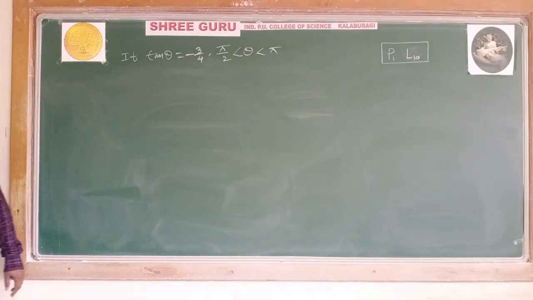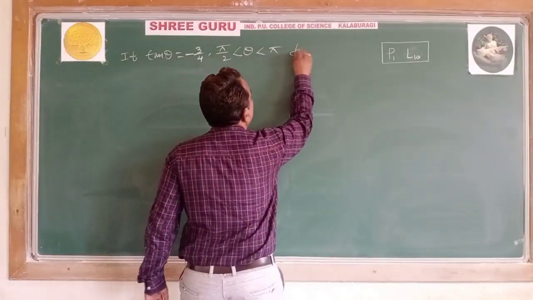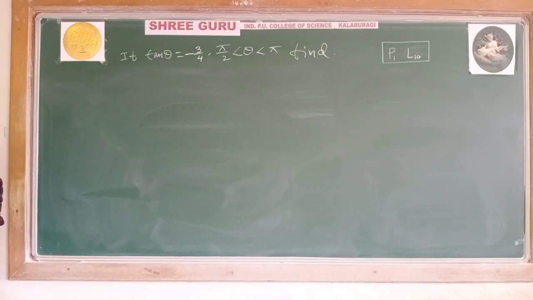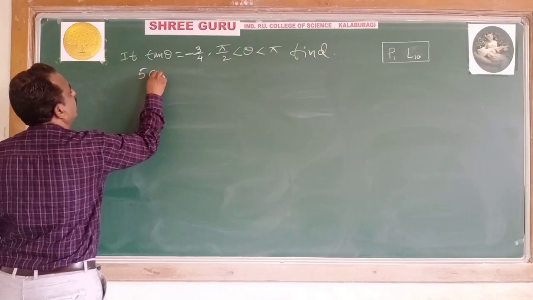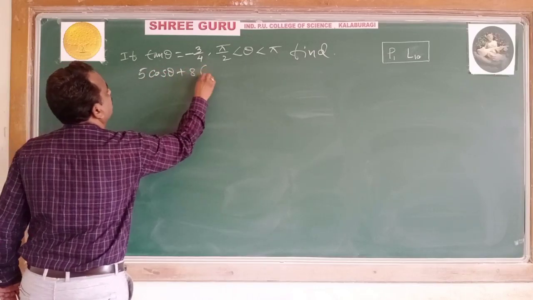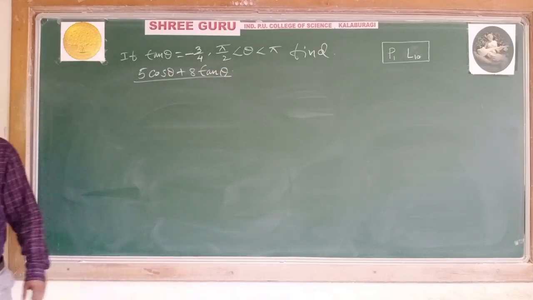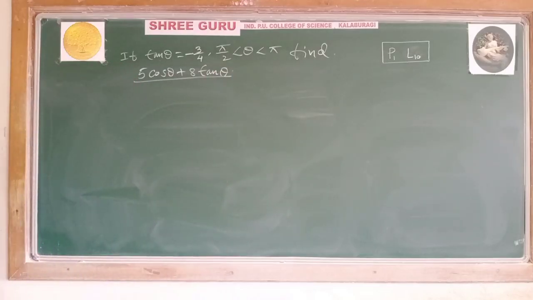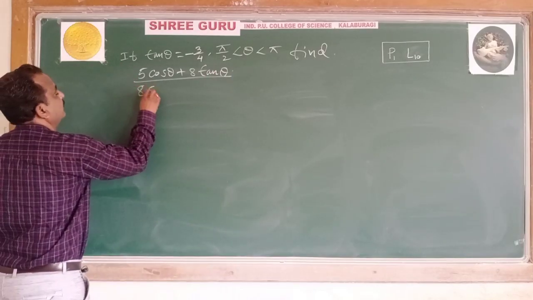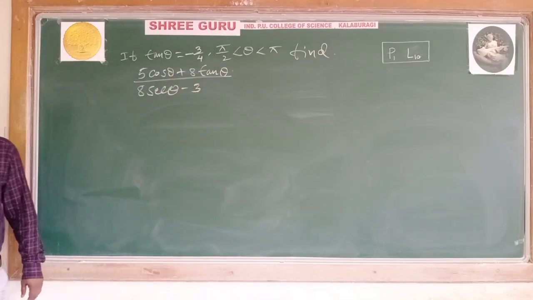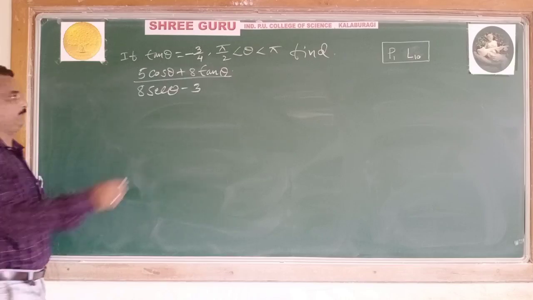See what you have to find. Find the expression: 5 cos theta plus 8 tan theta divided by 8 sec theta minus 3 times cosecant theta.